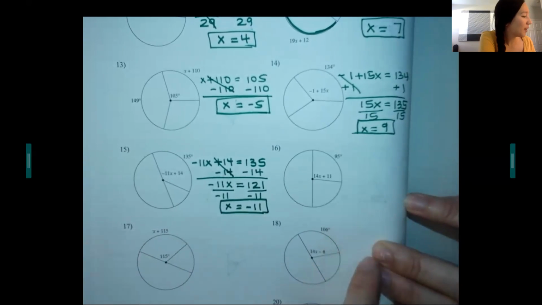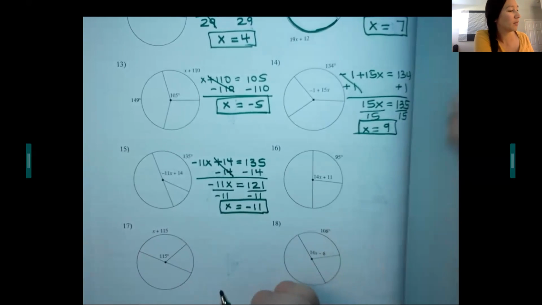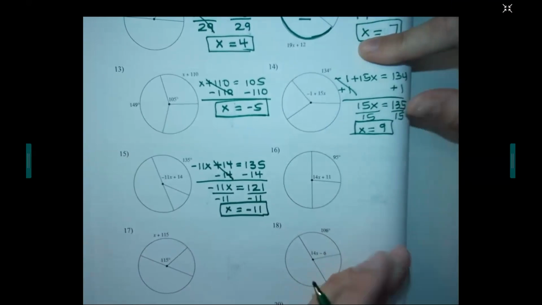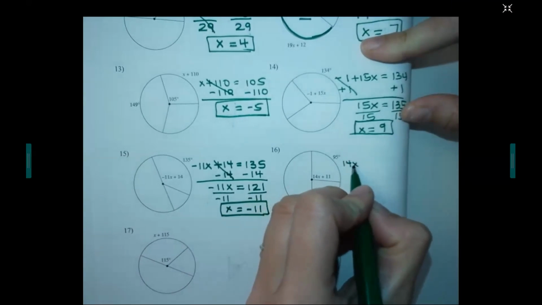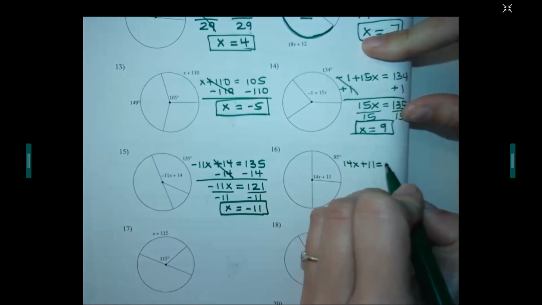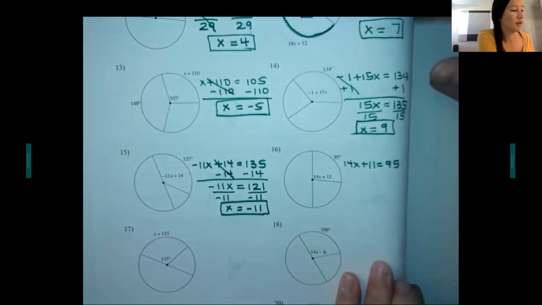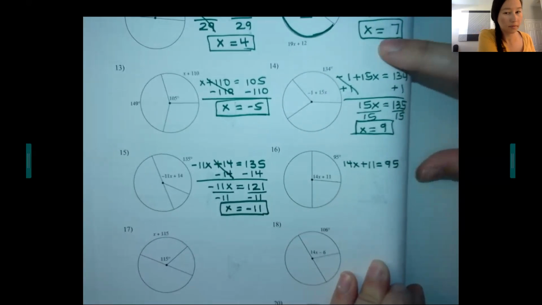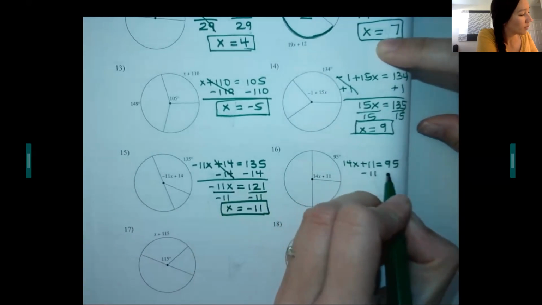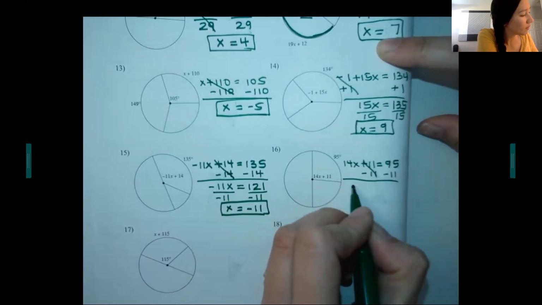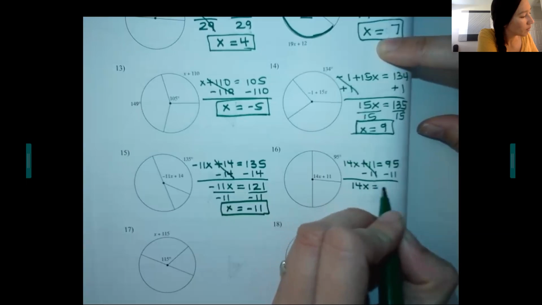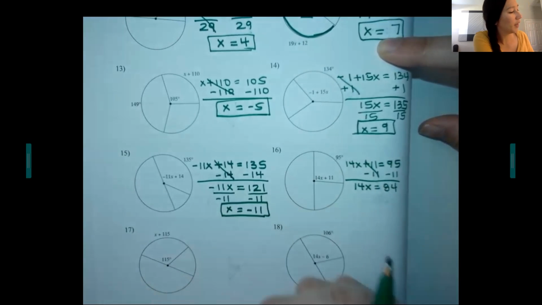Okay, Elijah, what about number 16? What was your equation? 14x plus 11 equals 95. Very good. And then I subtracted 11 from both sides, and that got me 14x equals 84. Very good.